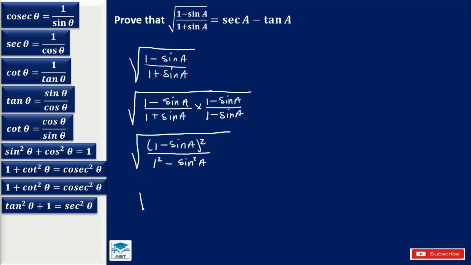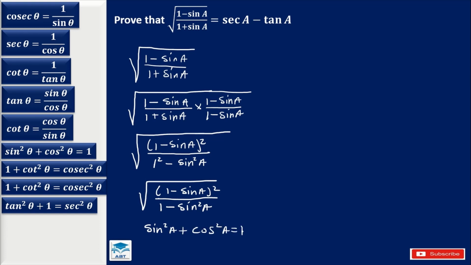So we have the square root of 1 minus sine A squared divided by 1 minus sine square A. But we know that sine square A plus cos square A is equal to 1.